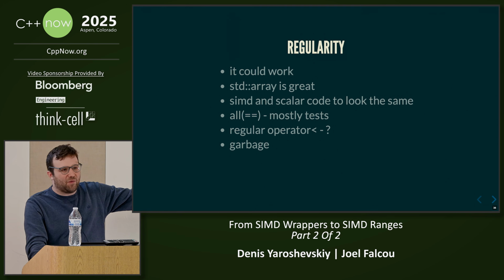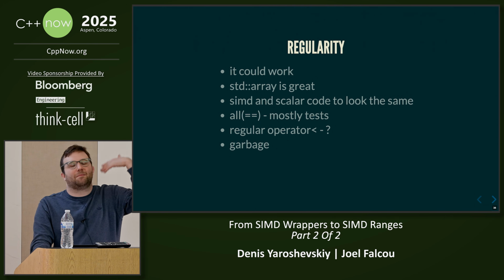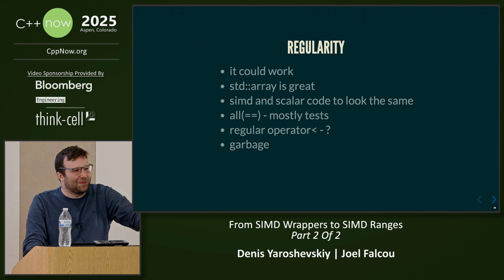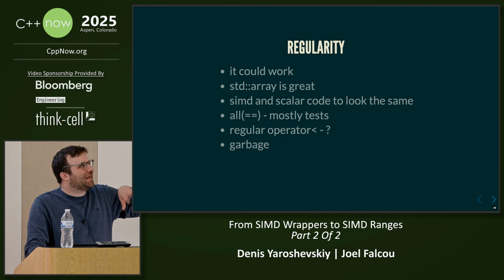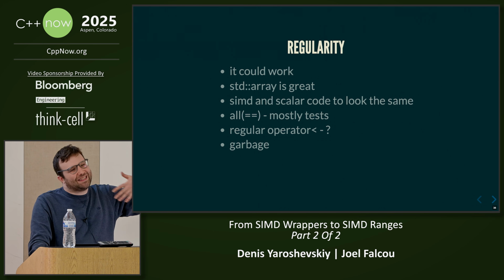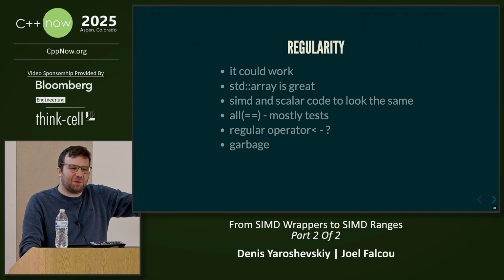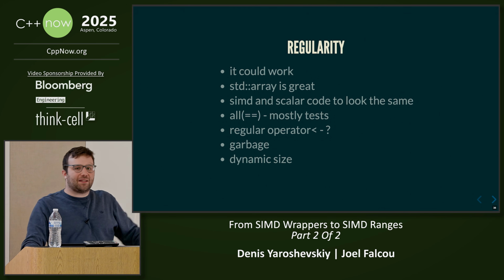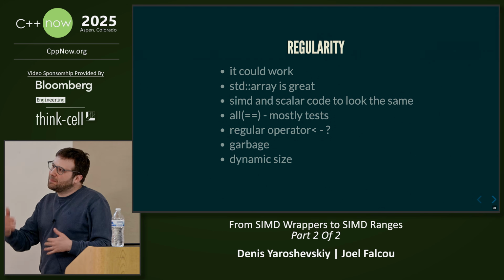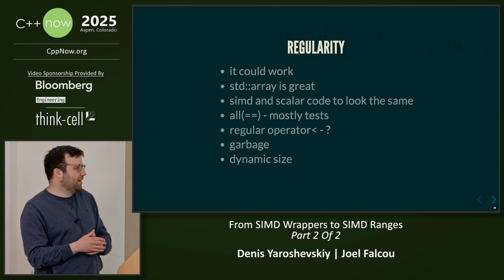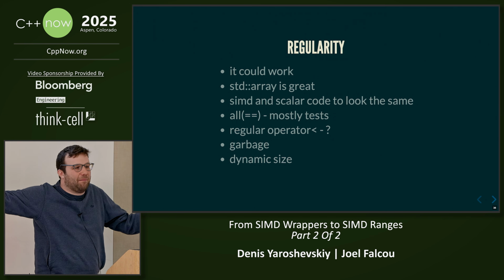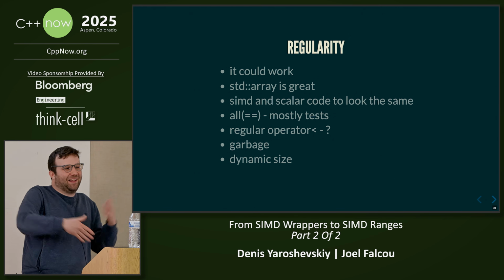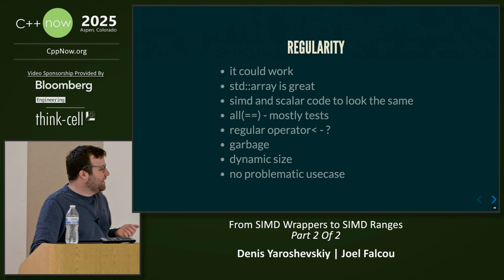We talked about garbage values, right? People don't know about the idea, but still, you have some repeated values. So it's unclear what it actually would mean if you have some garbage values. Dynamic sizes, again, don't make a lot of sense, like comparing some number of elements and lexicographically less.